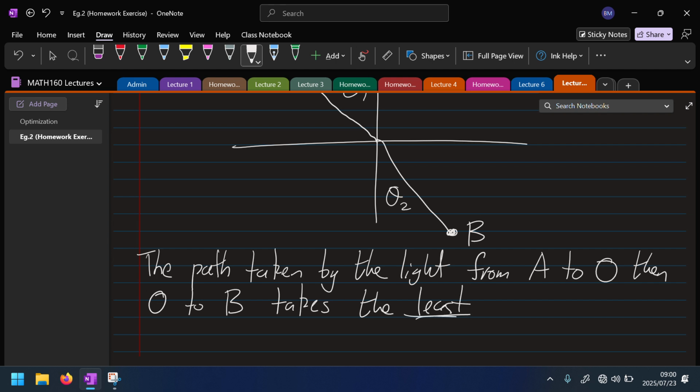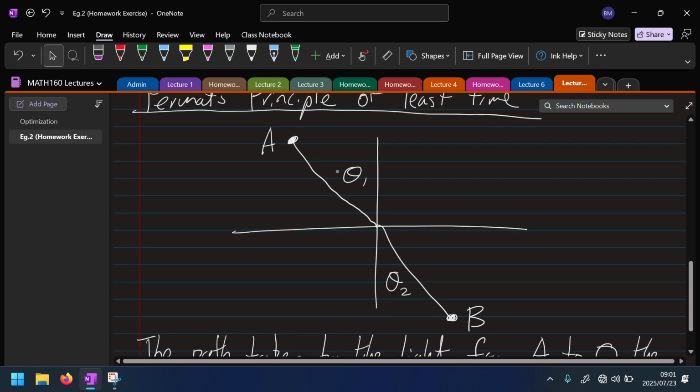Okay, and you can see where the optimization comes in. So we want to find the path that gives the least amount of time. Okay, so it's going from A to the origin and then to B.